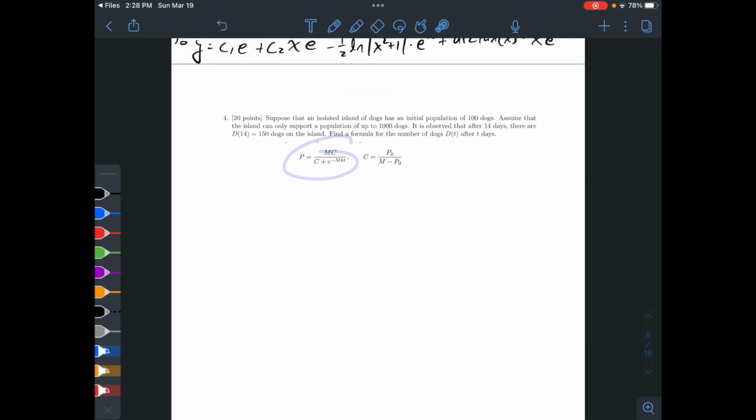So this is a formula for your population given the differential equation. By the way, what's the differential equation? I guess we're using capital D for our dog population.